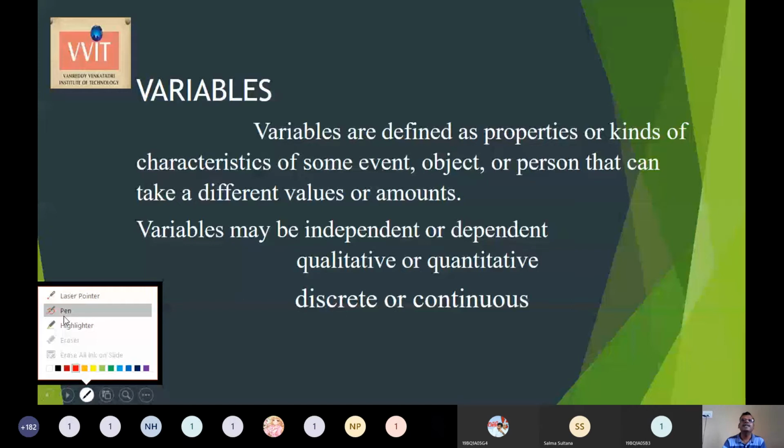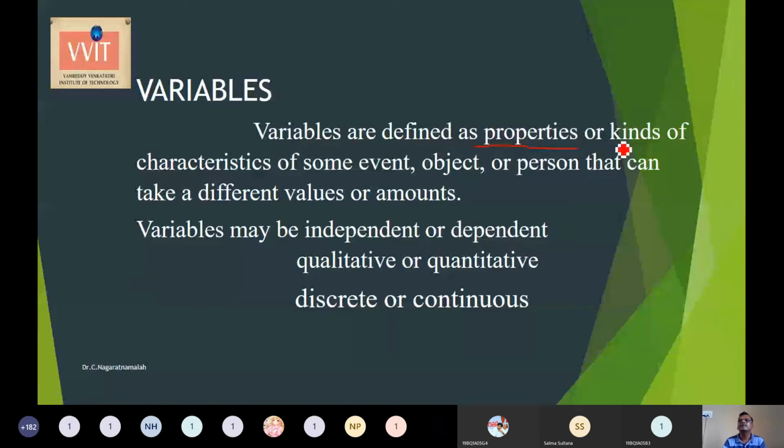That means variables are defined as the properties or kinds of characteristics. Whatever the characteristics in the phenomena of the object that we have to study, that we have to define as a variable. And it may be either an object or a person that can take different values or amounts.